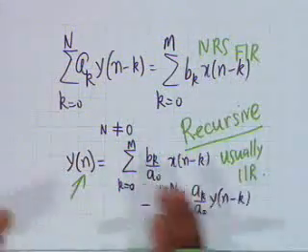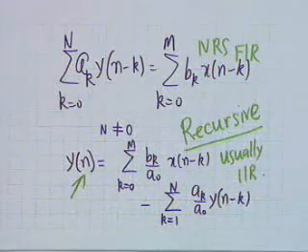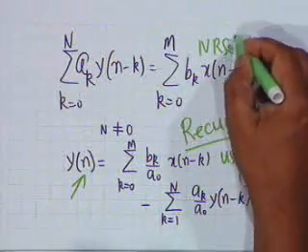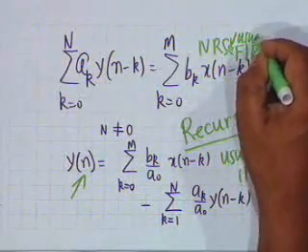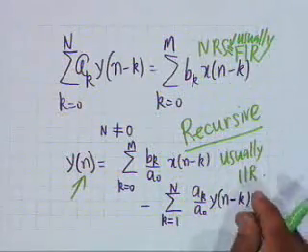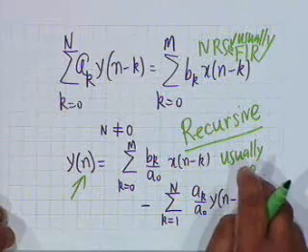Non-recursion and FIR they equate, recursion and IIR also they equate, which is not correct. Usually non-recursive systems are FIR, and recursive systems are usually IIR, but it is not necessarily so. In other words, we can have a recursive system which is FIR, that is, an FIR output can be computed in terms of a recursive system.